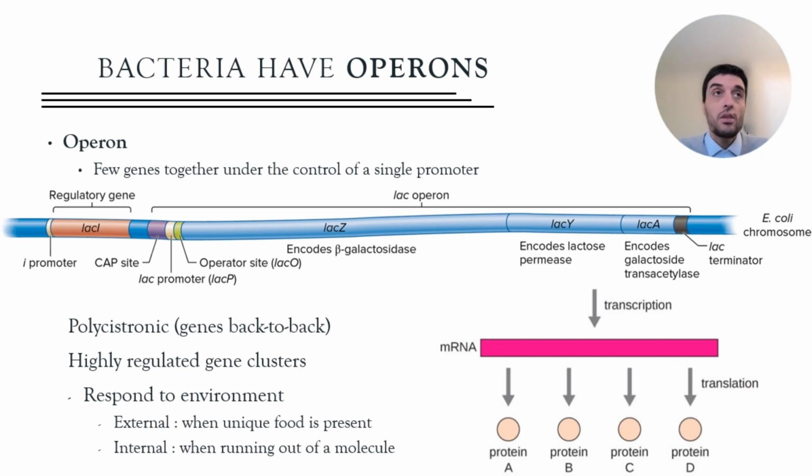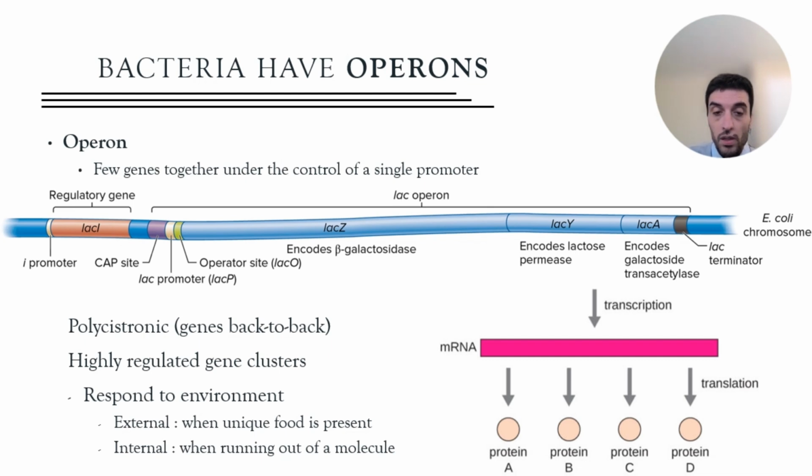Okay, and then we have to remember our last class, last week actually, where bacteria are notoriously known to have genes that are polycistronic, meaning that I'm going to have an ATG, then here I'm going to have another ATG, and then here another ATG, and just at the end of it, in the terminator, is where we're going to have the TAA as termination codon. Okay. These genes, these operons, are highly regulated and they respond to the environment.